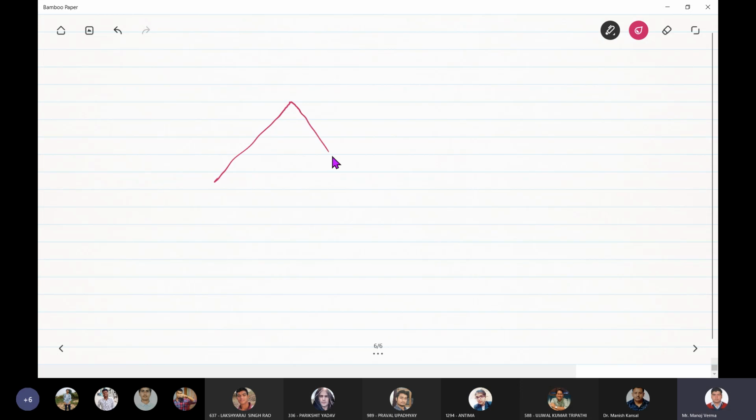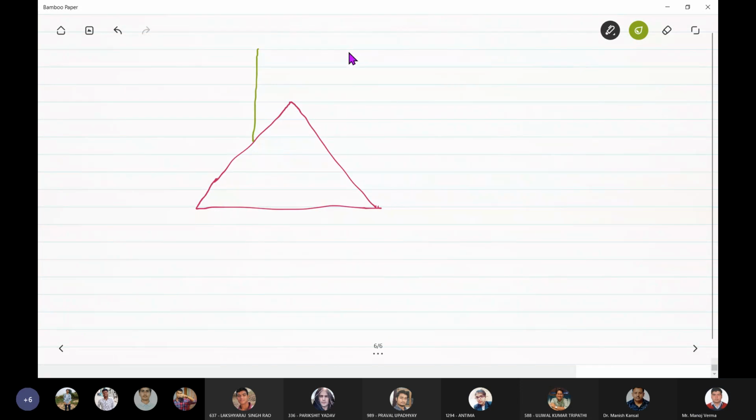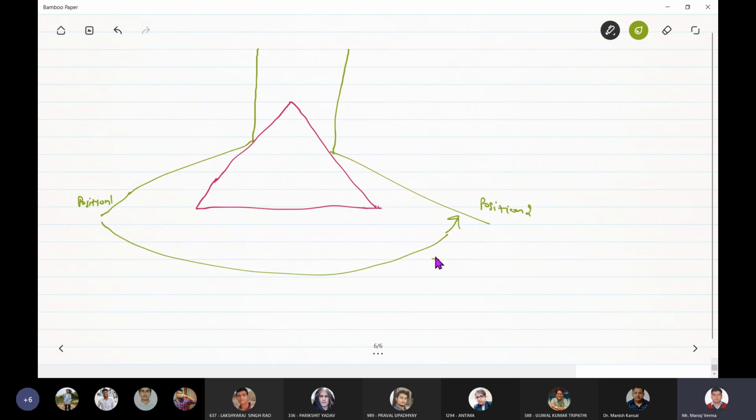if this is our angle of prism, if this is our prism, and the light ray is coming like this, and after reflecting from this surface we are viewing this light ray on these positions, and the angle between these positions we are considering as 2A, and this angle between these positions is twice of this angle A. Now with the help of geometry, if I extend these light rays, they will meet here.